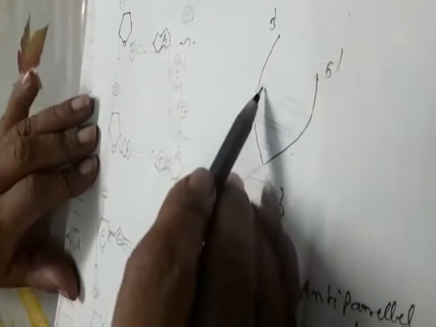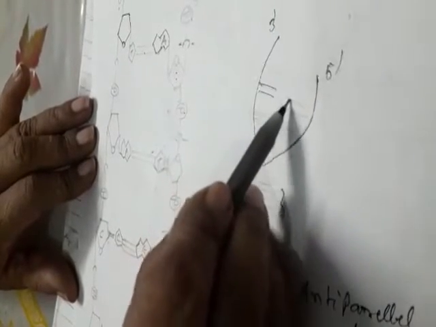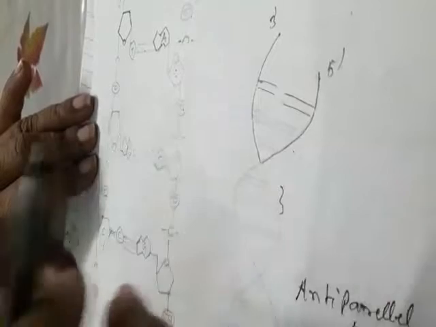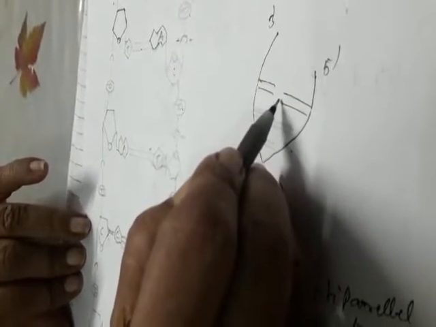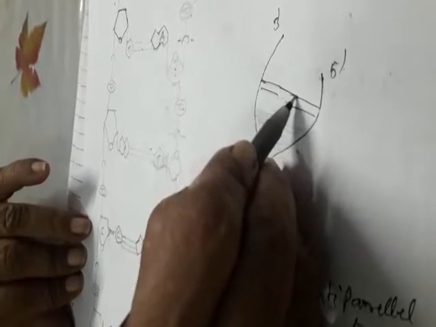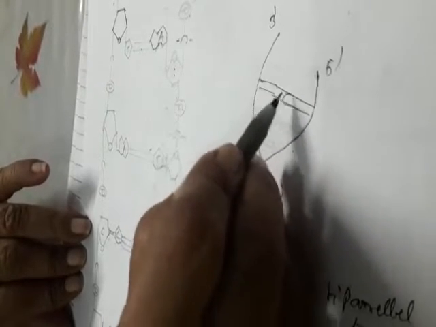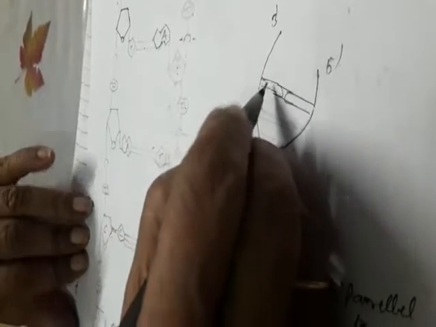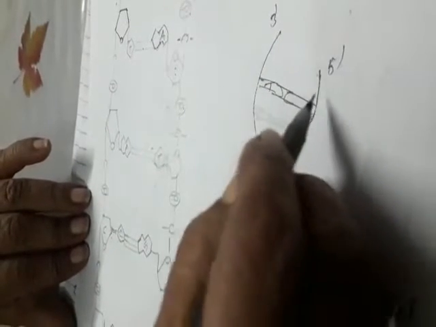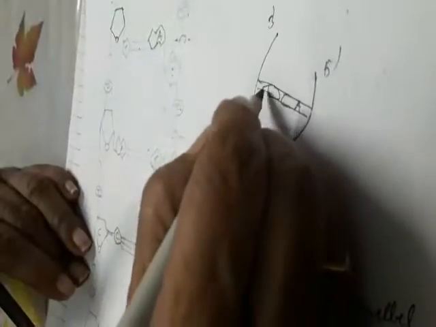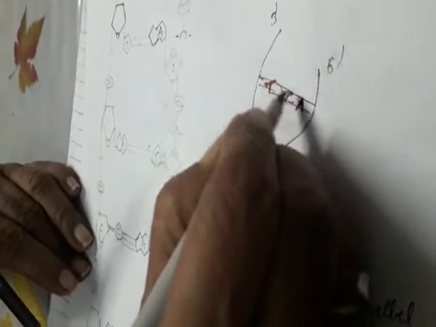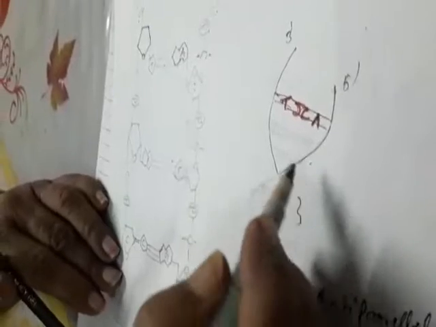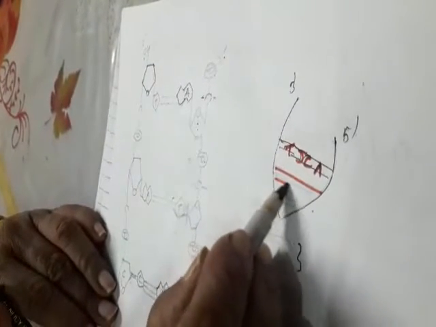Base pairs bind the two strands with each other with hydrogen bonds. So these parallel lines, T and A. The two strands bind with each other and form base pairs like this.